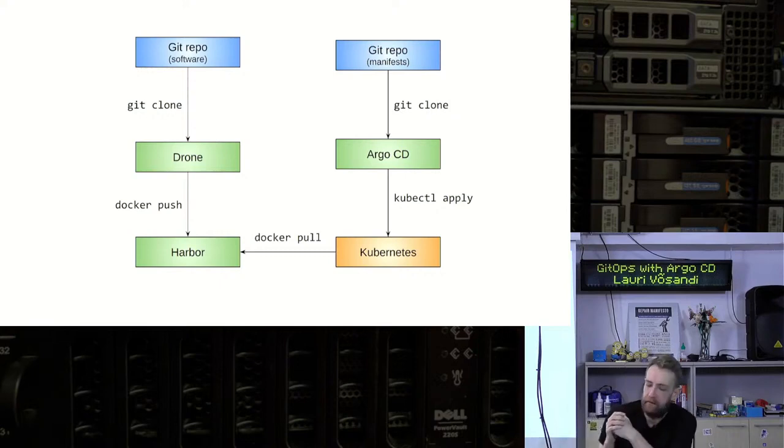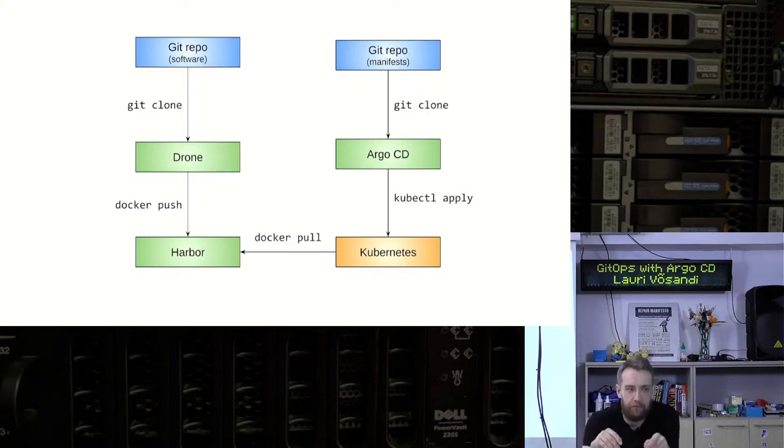Nice, we've got the picture back on the screen as well. I think this is maybe your classic split between these two: software developers would be working on their Git repos where they write the software, and sysadmins would be working on their Git repo which contains the Kubernetes manifests. That's probably the easiest split, and it maps nicely to the components that we use here as well.